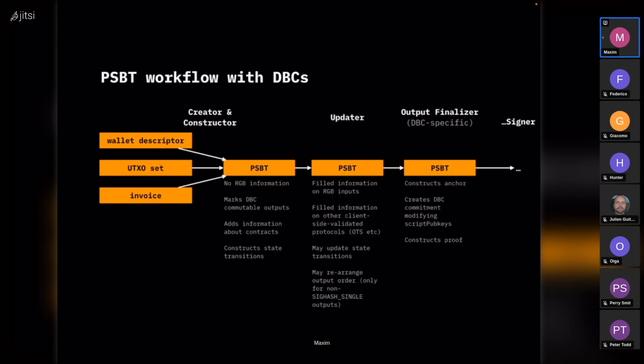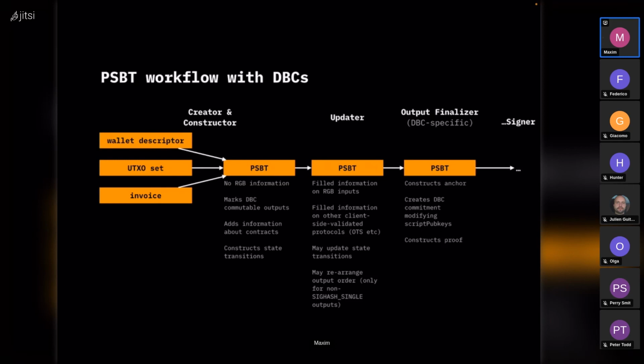Why? Because even if we use a fixed output number to put the commitment, like the first output, other roles like the updater may reorder outputs. So that's why this information has to be present, such that if reordering is happening, the updater will be able to put the output that may contain the commitment into the proper place.